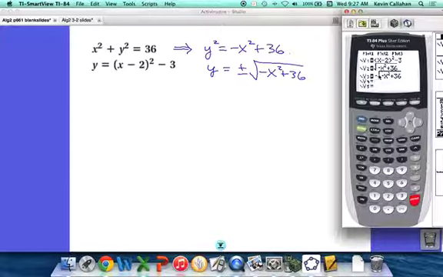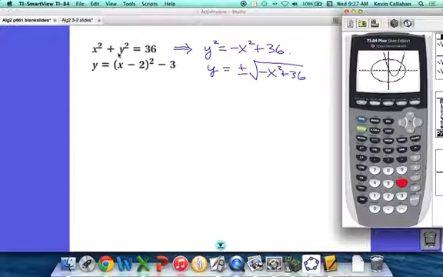Now, if I look at the graph of that, I'm going to go zoom 6 first. And you can see that this one is a parabola. We should recognize that as a parabola. It's shifted 2 to the right and 3 down. That's this one right here. And the other one must be the other shape, which is a circle.